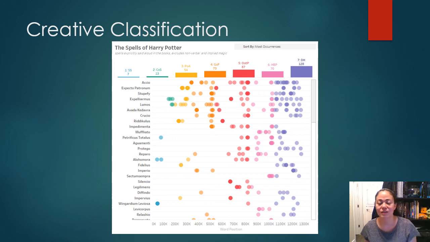But as you get further along in the series, there are lots. There are so many purple dots for the spells said out loud in the last book. So this tells you something, and it makes sense. If they're brand new students, they don't know very many spells, so they're not going to say very many. But as they become more and more skilled wizards, there are definitely more spells being said out loud.